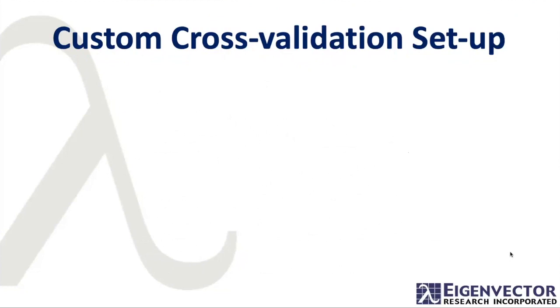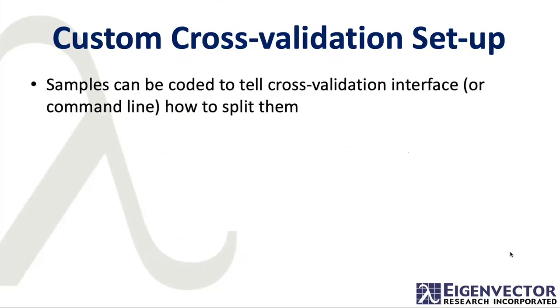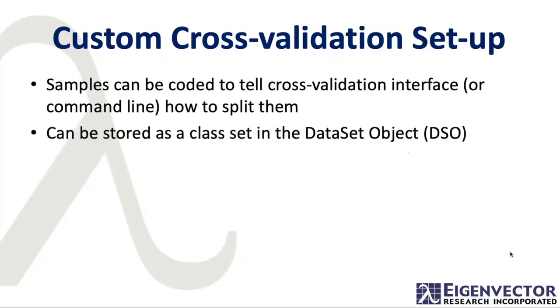So I want to talk just a bit about custom cross-validation setup. Samples can be coded to tell the cross-validation interface or the command line how to split them up. And they can be stored as a class set in our dataset objects.